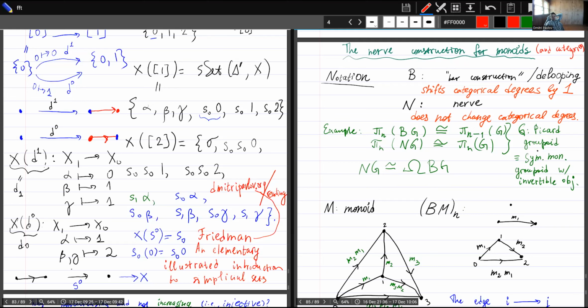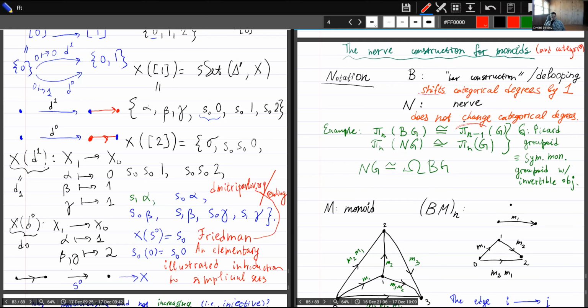If you have a Picard groupoid, which is a symmetric monoidal groupoid with invertible objects, then you can define its D-looping, and you can define its nerve, and these two will be different objects. The homotopy groups of the D-looping will be homotopy groups of the original groupoid shifted by one, and the homotopy groups of the nerve will be the same as the homotopy groups of G. This is what I mean by the shift. So categorical degree here is seen by the homotopy group in this context.